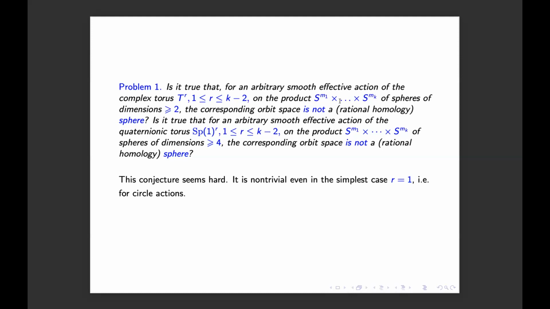So there is a very big compact torus, and you can actually compute this partial quotient homology with respect to any subgroup of this big torus. I'm not saying that I have an answer to this conjecture, but all I want to say is that perhaps their results can give something, at least in some particular case.